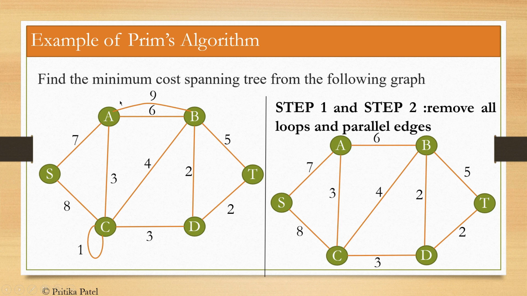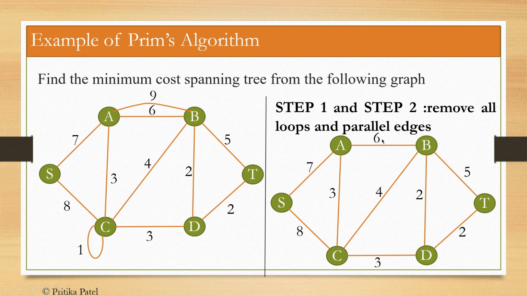In this graph only one pair of edges is parallel, but we have to choose the edge with least weight. The least weight is 6, so we remove the edge having weight 9 and keep the edge with weight 6.